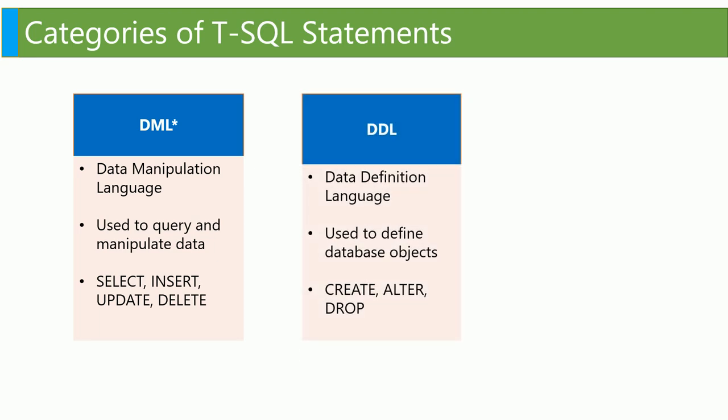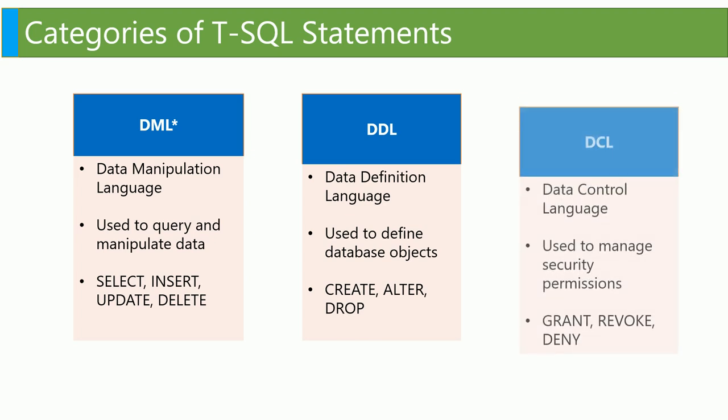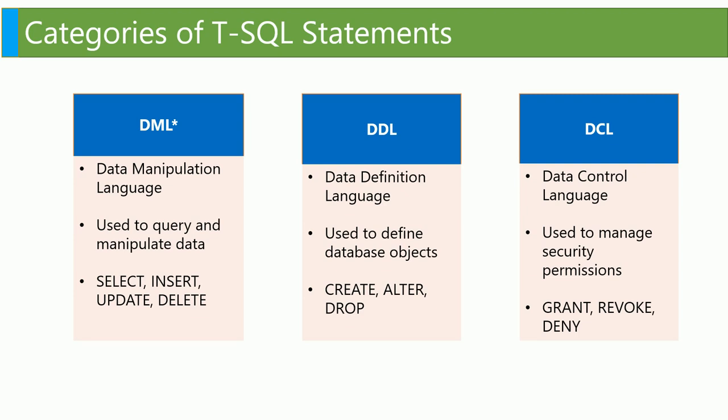Now, DDL is the data definition language, used to define database objects, like create, alter, and drop. So three types of commands can be used under DDL. Under DCL, the data control language, it is used to manage security permissions, like grant, revoke, and deny.